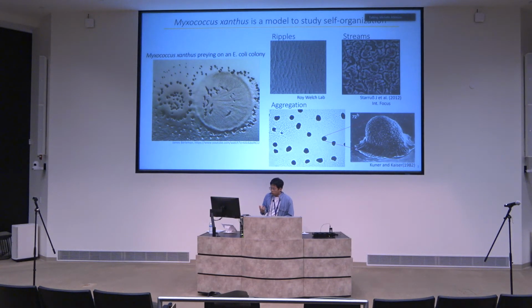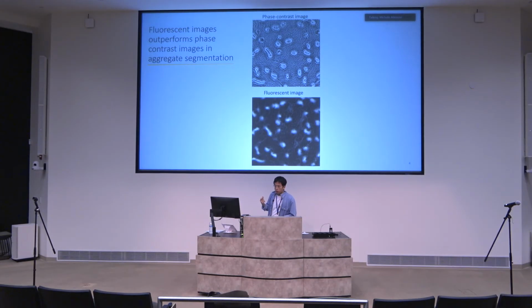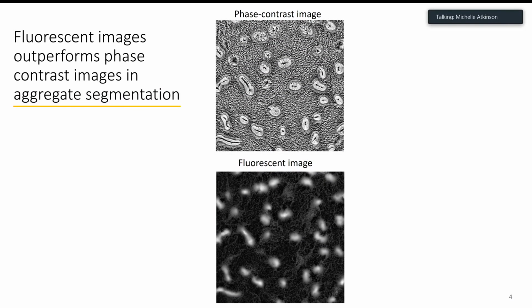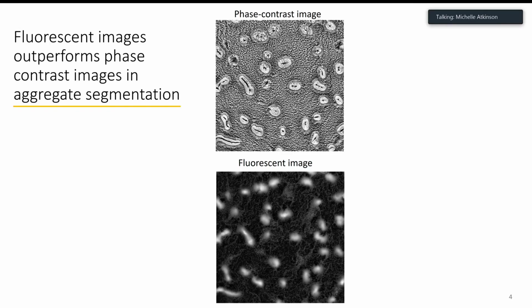In order to analyze these patterns, we use different microscopes to observe. These are two kinds of microscopes that are commonly used. One is the phase contrast or bright field microscope. The other is the fluorescent microscope.